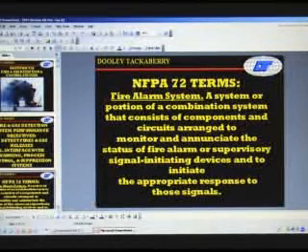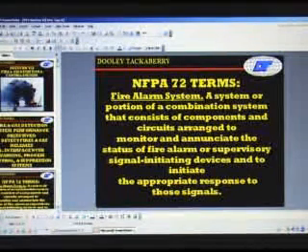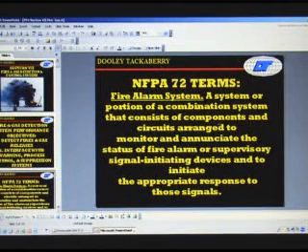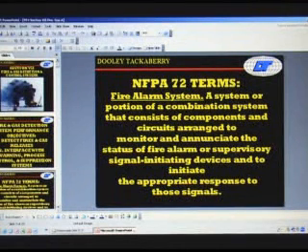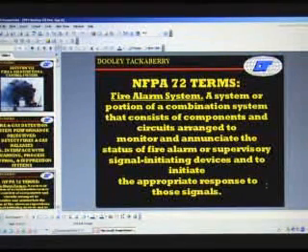For NFPA 72, that's our Bible, it defines a fire alarm system as a system or portion of a combination system that consists of components and circuits arranged to monitor and annunciate the status of fire alarm or supervisory signal initiating devices and to initiate the appropriate response to those signals.